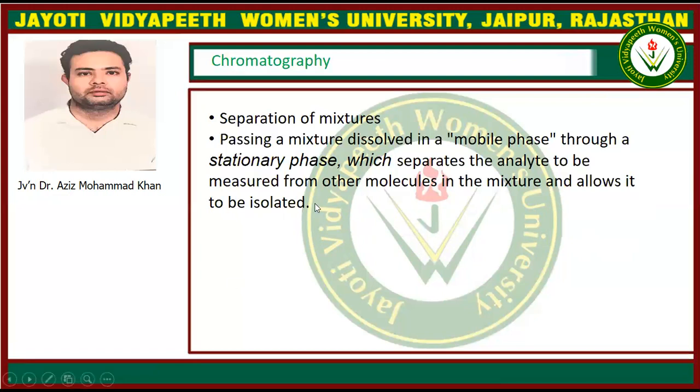Examples of mobile phase are water, ethyl acetate, acetic acid, methanol, ethanol. So by loading a sample on the stationary phase, the mobile phase will move the sample and it will separate the particles on the basis of their size.